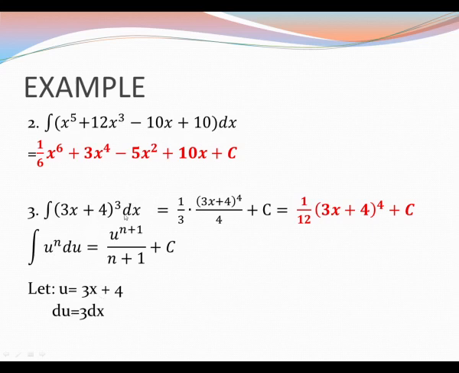It so happened that the only given here is dx, so we can insert 3 together with a correction factor of 1/3. Then this is now the same concept as power integral. Therefore, this is simply 3x plus 4 raised to 3 plus 1, that will be 4 over 4. Then we have 1/3 times 1/4, that will be 1/12, multiplied by the quantity 3x plus 4 raised to the 4th, and then upon integration plus c.